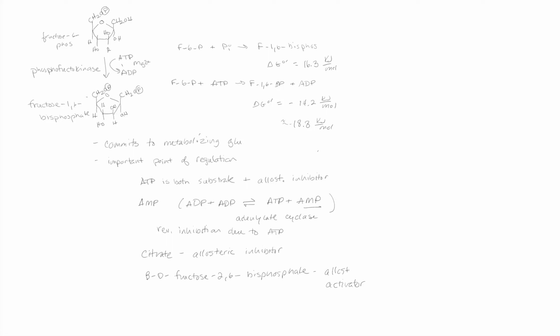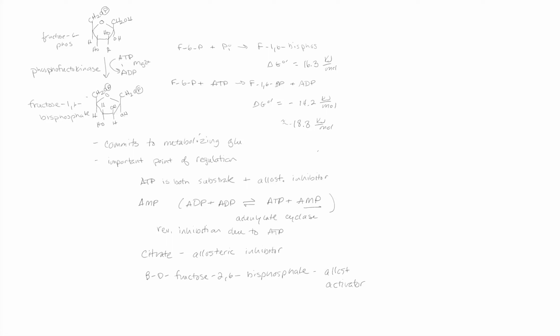This step is incredibly important because it commits the glucose to being metabolized for energy compared to being utilized for storage or for being converted to some other carbohydrate. And it's an essential point of regulation for all of glycolysis. It's regulated by ATP.